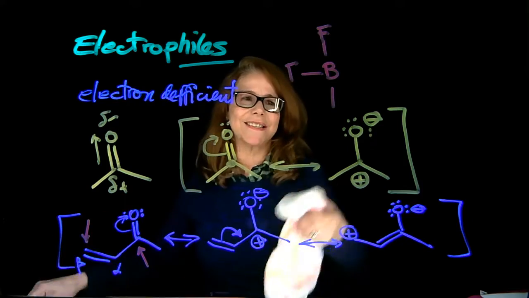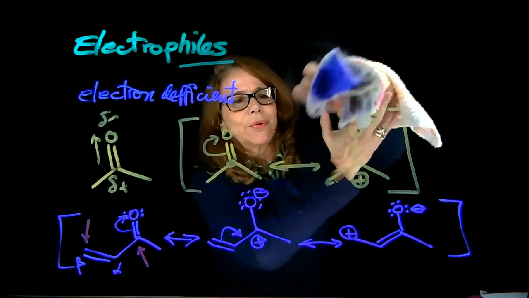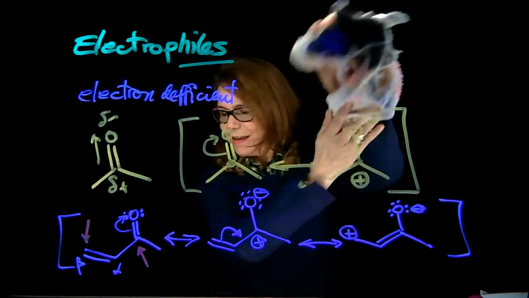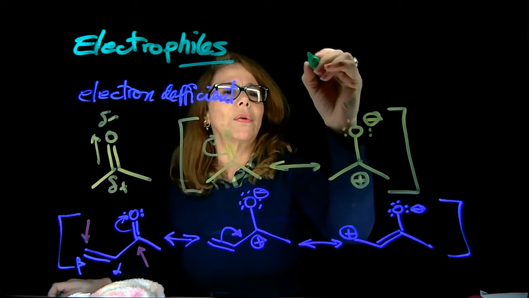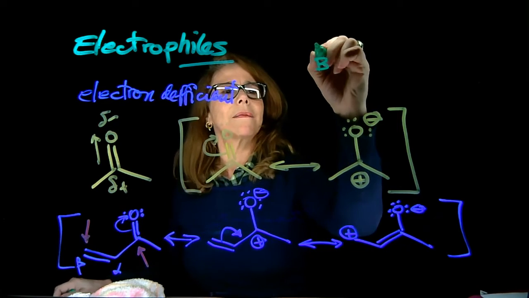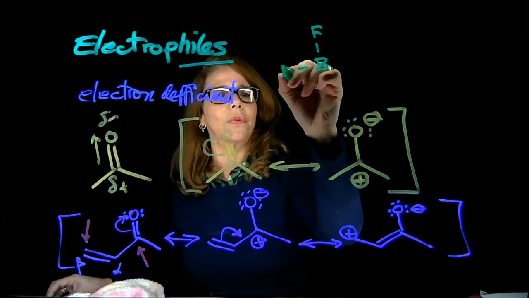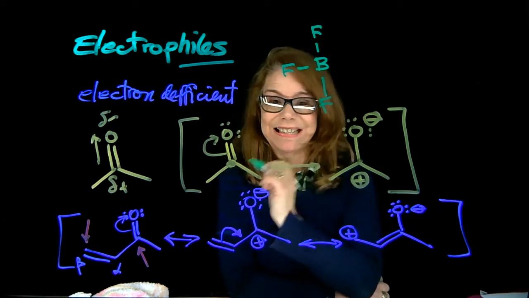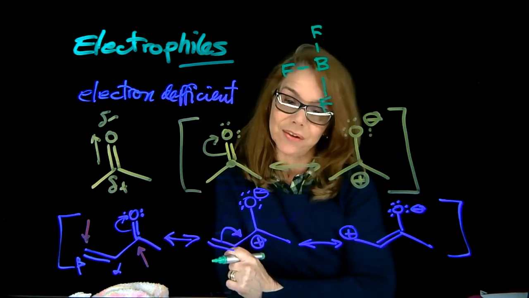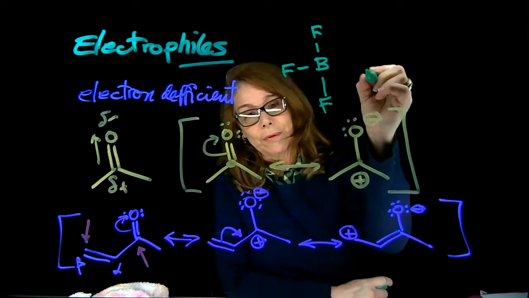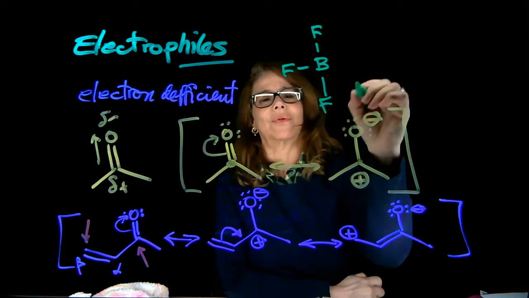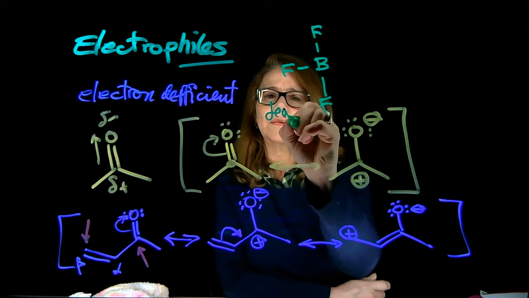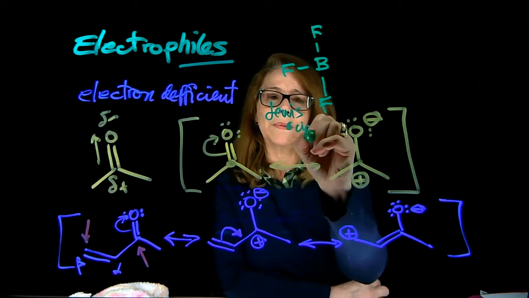This color is not helping me much, so I'm going to redraw it. Okay, let's do boron trifluoride, and I'm going to draw the Lewis structure like that. Now we know boron here has an incomplete octet; you have 6 electrons around. So boron trifluoride is a Lewis acid. Lewis acids are electron deficient, with an incomplete octet, so Lewis acids can also be electrophiles.